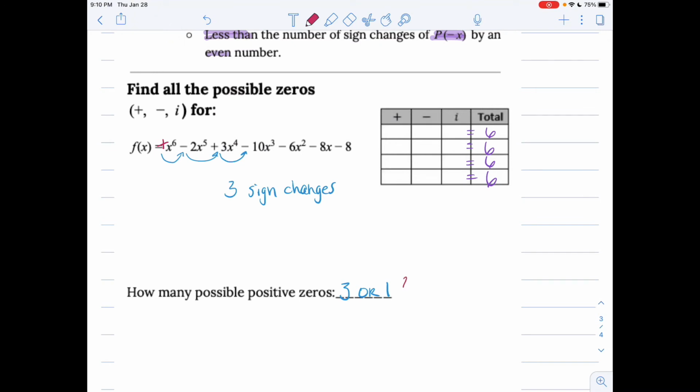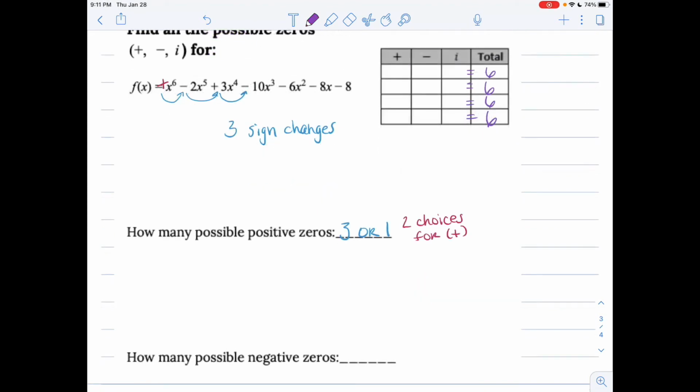Let's make ourselves a note: 2 choices for our positive. Now we want to talk about how many possible negative zeros there are, but remember, first we have to evaluate the function at negative x.